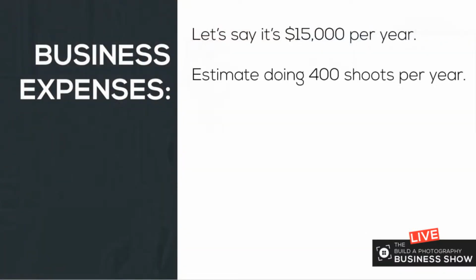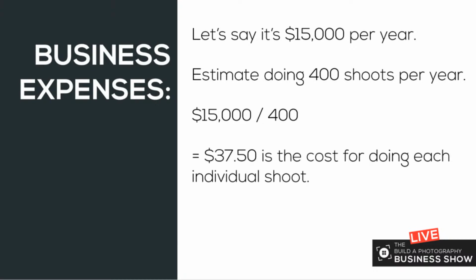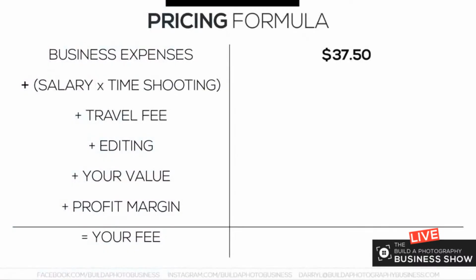And it's important here that you conservatively estimate how many shoots you'll do. So let's say that you estimate that you'll do 400 photo shoots per year. So we take $15,000 and divide it by 400, and that equals $37.50 as the cost for doing each individual shoot. So calculate your cost per shoot and write that value into the formula like this.